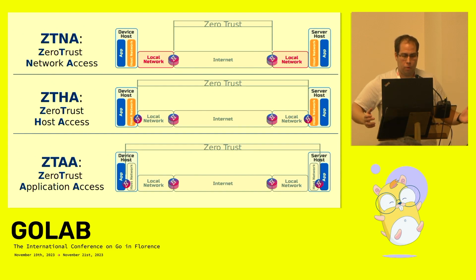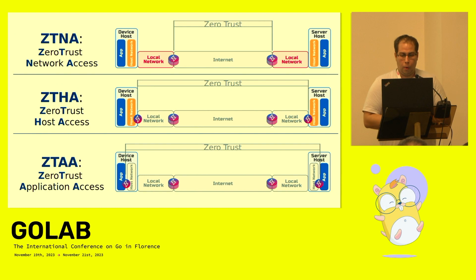Great, awesome, we have a secured network. Even better is to put it in the host network. That is called host access, the second one on my slides. The third one that we will focus on today is zero trust application access, literally putting the principles of zero trust inside the application itself.